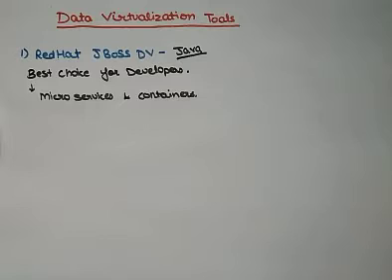So Red Hat JBoss is the best choice for developers. Suppose I am an organization and I am developing microservices and containers for other organizations, then this is the best tool I should use, right?